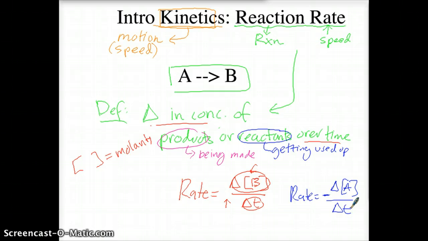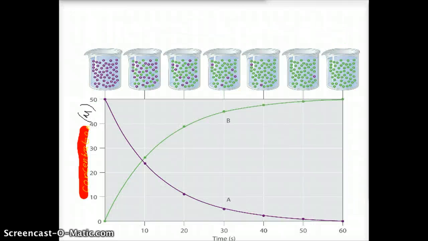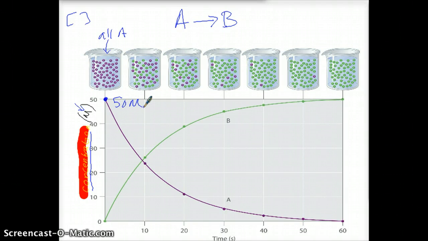The concentration is decreasing. What's another way of representing that? Well, here's a graph. On the y-axis here, we can see we have concentration in molarity. Again, those are our brackets. And this is our reaction A turning into B, where we start with all A, a concentration of 50 molar in this jar.